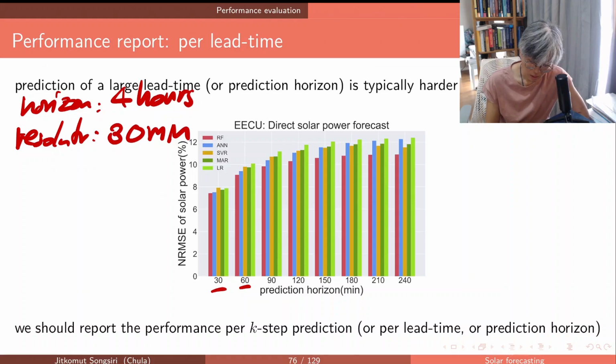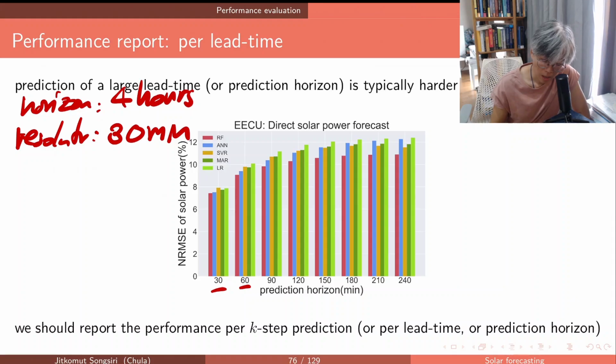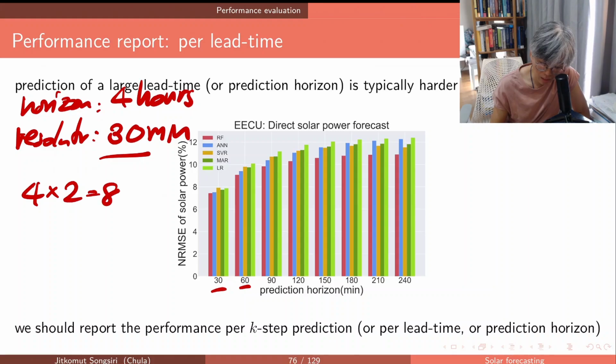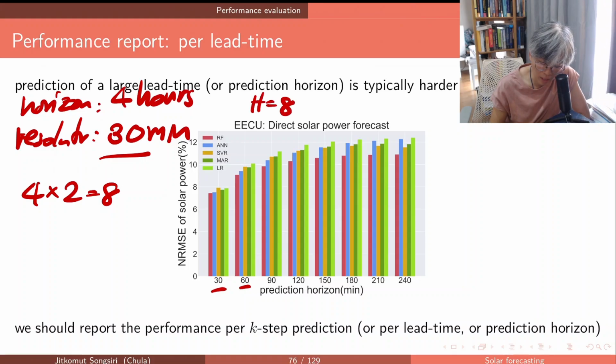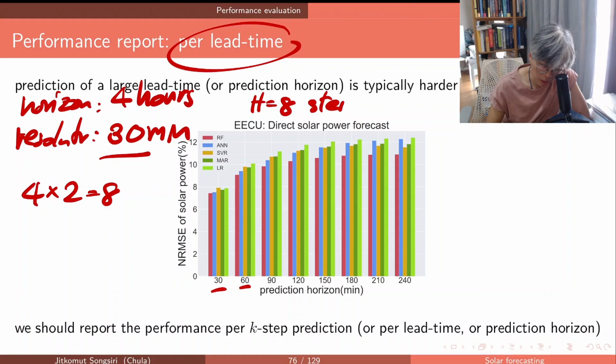Now, how many multi-step forecasts should I provide? 8 values, right? Because for 1 hour, there are 2 values, so 4 times 2 is 8. So the number of point forecasts that I provide is 8, so there are going to be 8 steps.